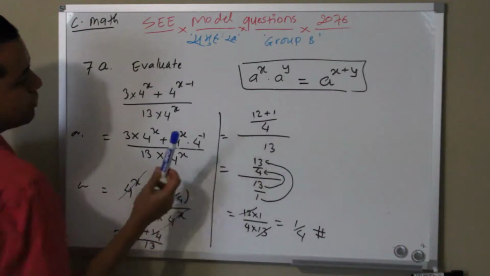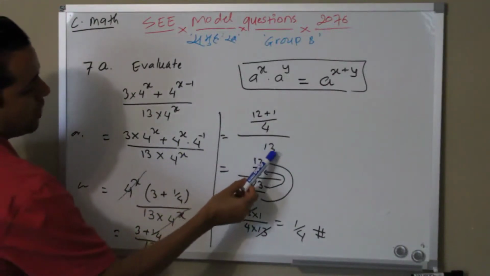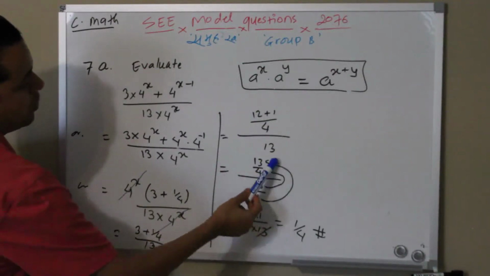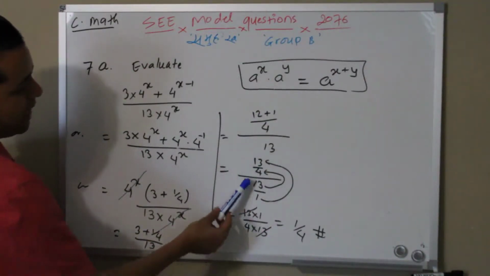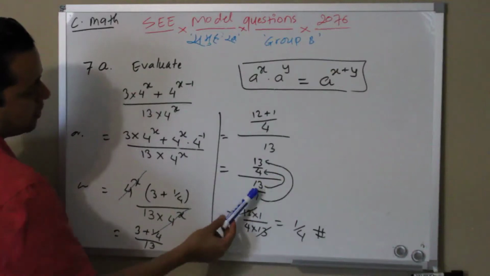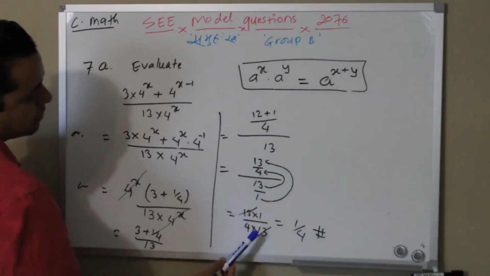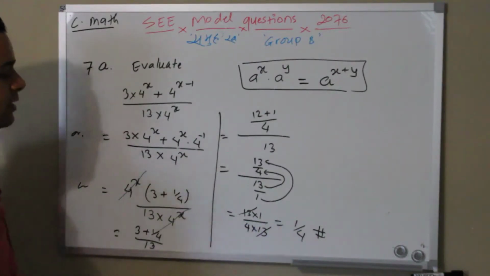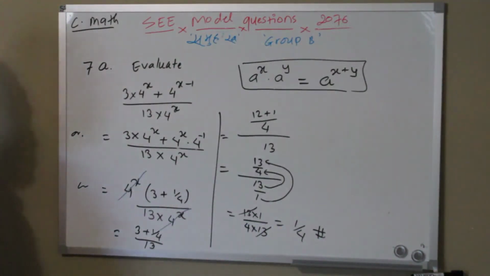Now this is a 3-step fraction, so we can consider 1 in the bottom. So 13 goes down there, and that 1 goes all the way to the top. So 13 times 1 is 13, 4 times 13 is 52, or you can cancel 13 and 13. The leftover is 1 over 4, which is your answer.